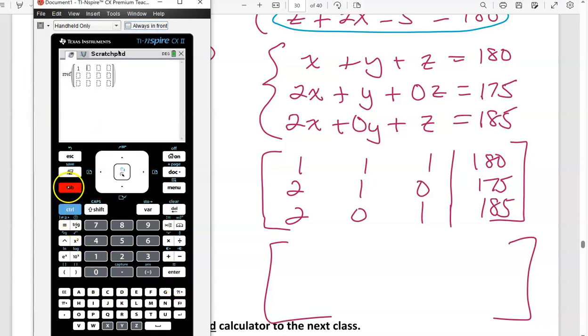Let's enter the coefficients, 1, 1, 1, 180 across the top, and then on the second row 2, 1, 0, 175. And then on the bottom row, 2, 0, 1, 185. And we've got 60, 55, and 65.